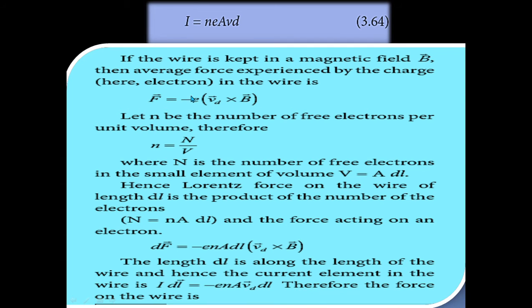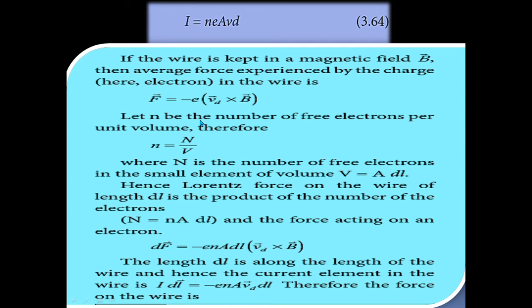Here the charge is the electron, so we can replace Q with minus e. F vector is equal to minus e Vd vector cross B vector, where minus e is the electron charge, Vd is the drift velocity, and B is the magnetic field.